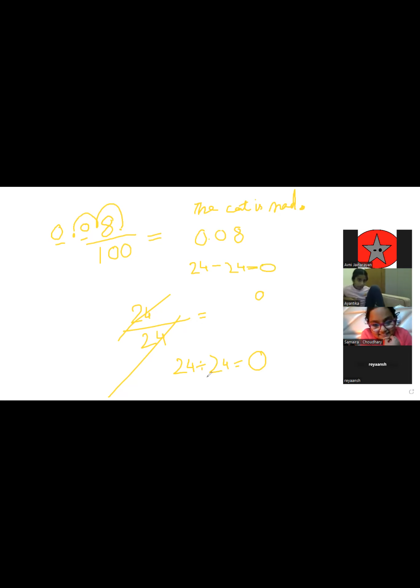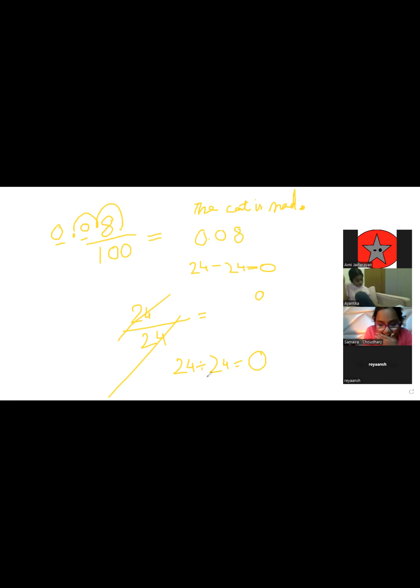Now, Samaira, you are doing 24 divided by 24, okay? Which means there are 24 girls in a classroom and I have to divide 24 chocolates among everybody. How many chocolates will each girl get? Ayantika and Samaira, think for both of you. Don't go on mute, now you both are the only ones. So you are dividing 24 chocolates among 24 girls, so how many chocolates does each child get? 1. 1.